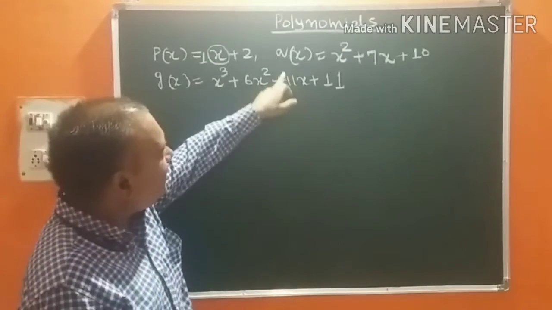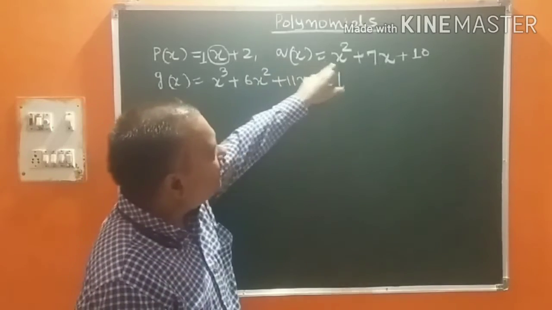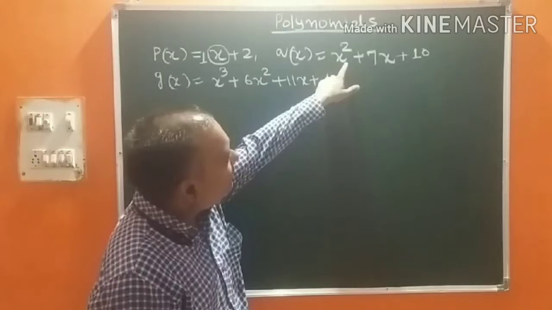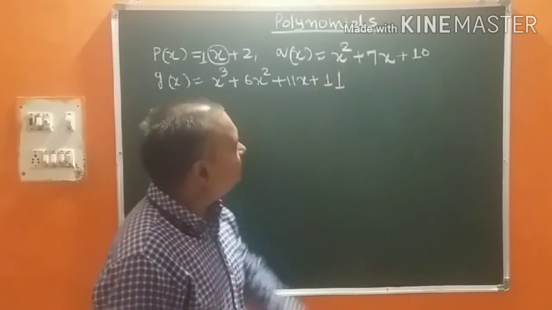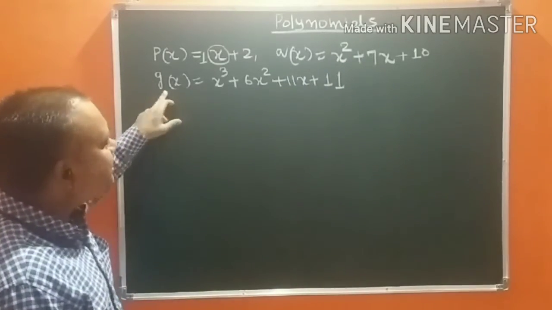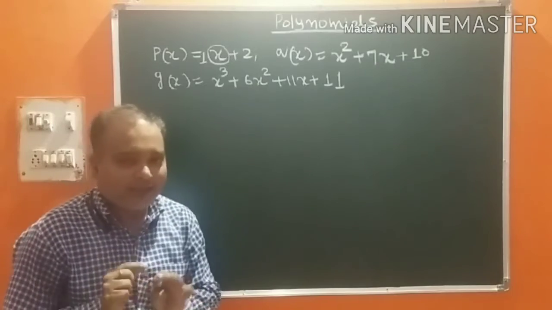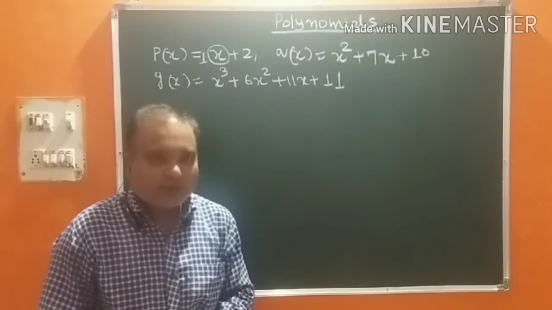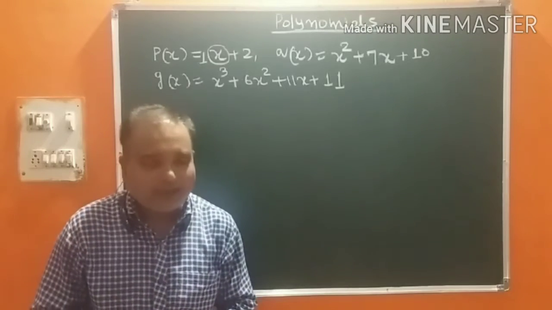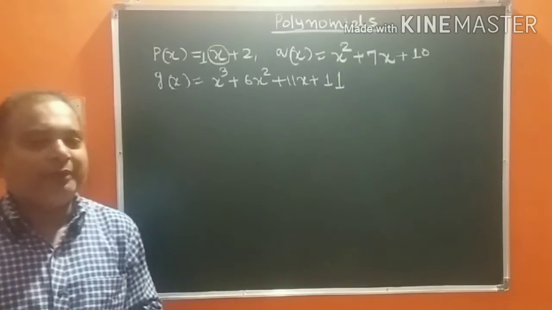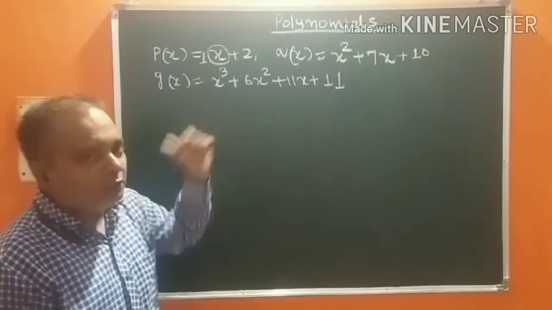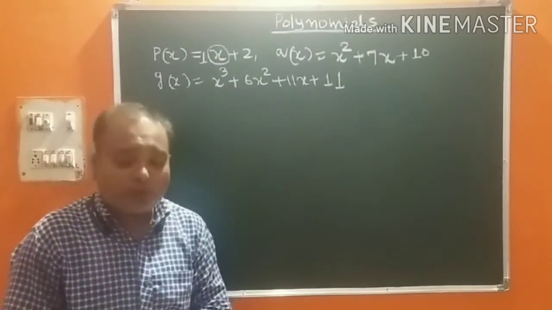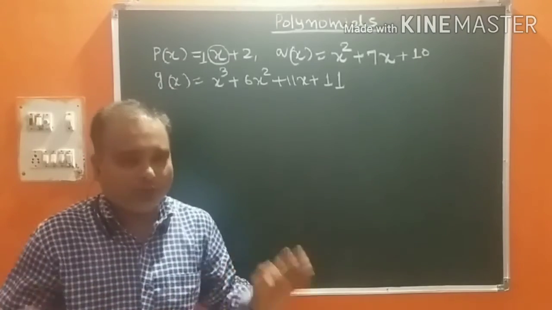Similarly q(x) will be called a quadratic polynomial because here the highest power of x is 2. And g(x) is a cubic polynomial in variable x. So there are three types of polynomial: linear, quadratic and cubic. If the highest power of variable is 4, then the polynomial will be a biquadratic polynomial.